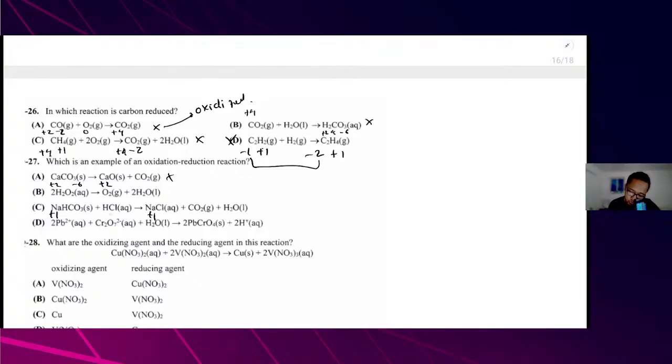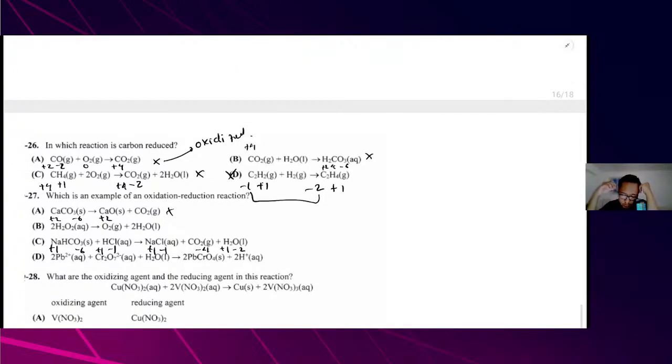Which one changed? Minus 1, minus 1, minus 6, minus 4, minus 2. No oxidation number change right over here. This is plus 1. Then this is also plus 1. Yes, there is no change.